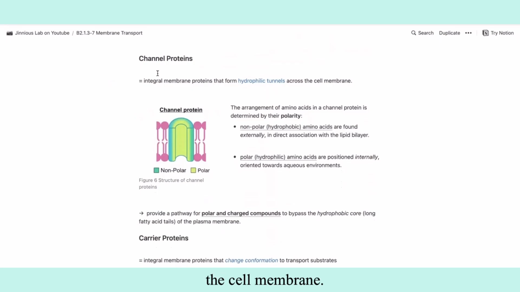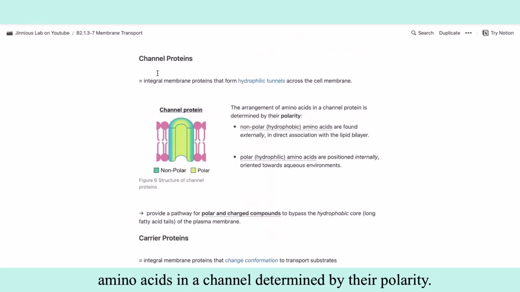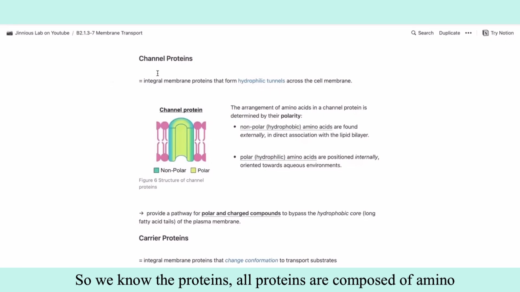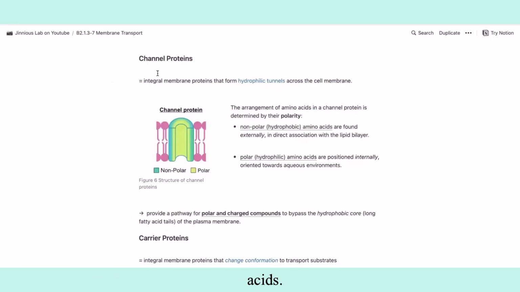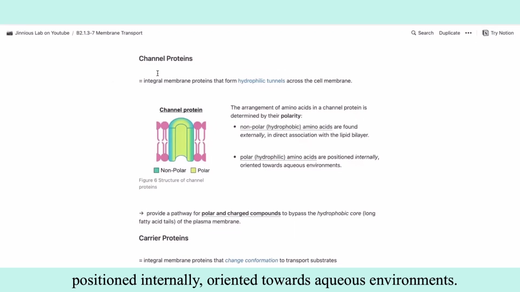In this channel protein, we'll be seeing the arrangement of amino acids in a channel determined by their polarity. We know that all proteins are composed of amino acids, and in the channel protein, polar amino acids will be positioned internally, oriented towards aqueous environments.